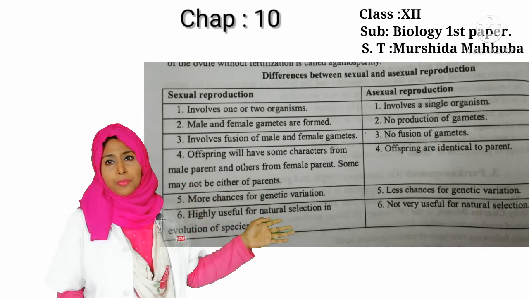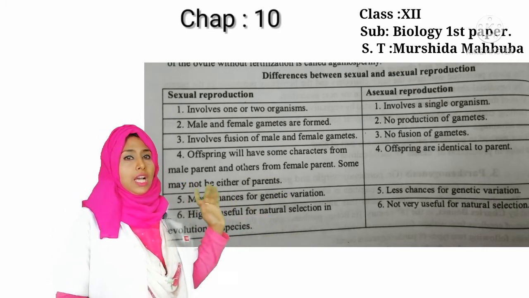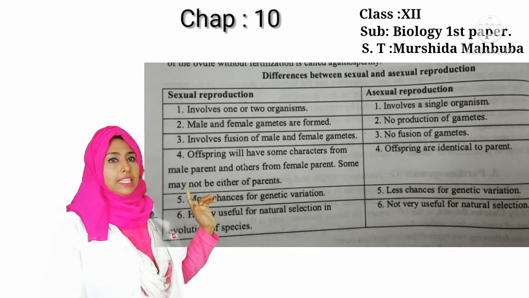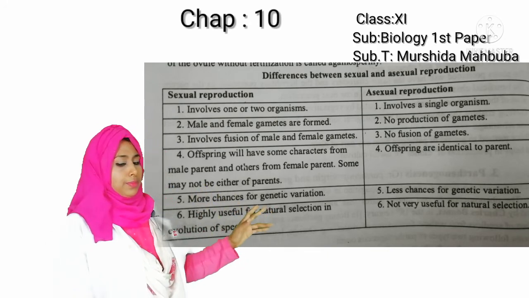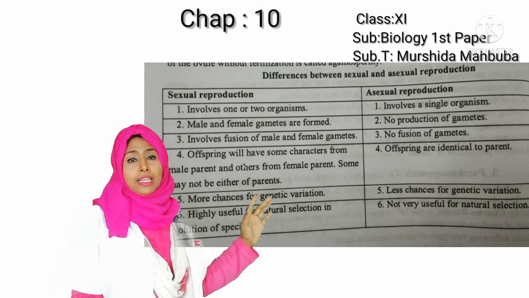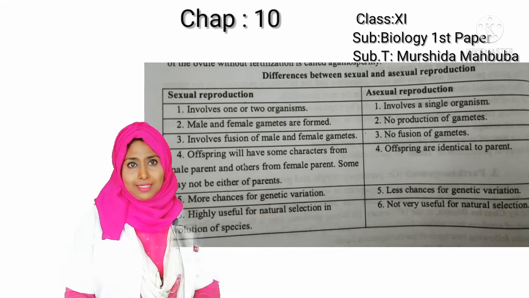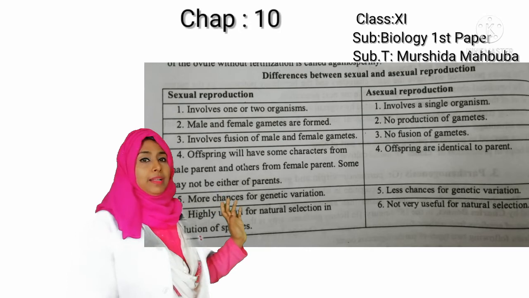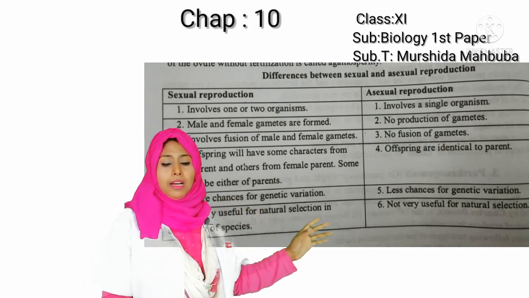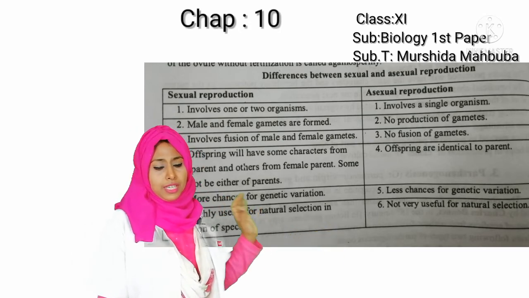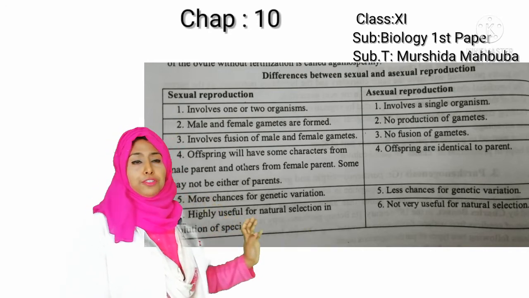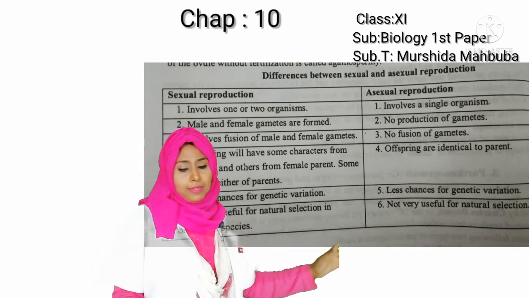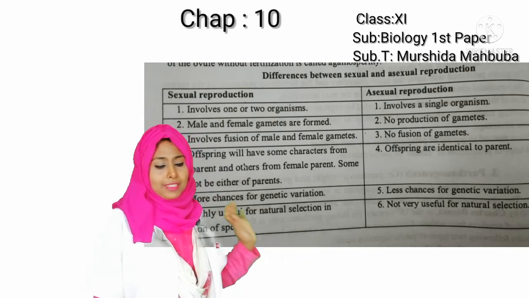Sexual reproduction involves one or more organisms, and asexual reproduction involves a single organism. Here, male and female gametes are formed. No production of gametes here. It involves fusion of male and female gametes. There is no fusion of gametes.